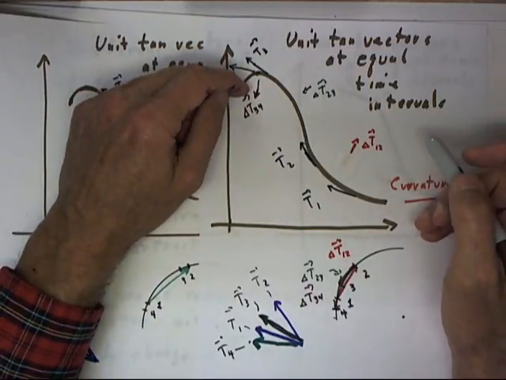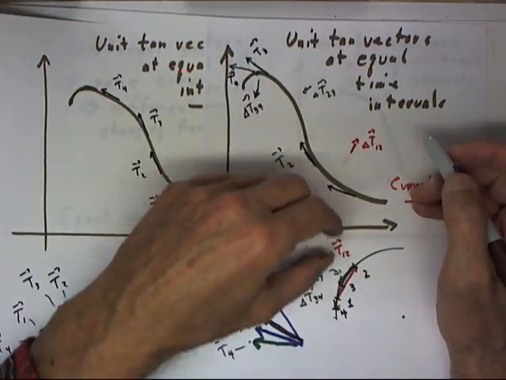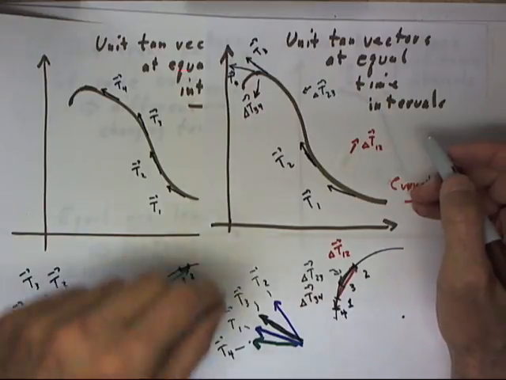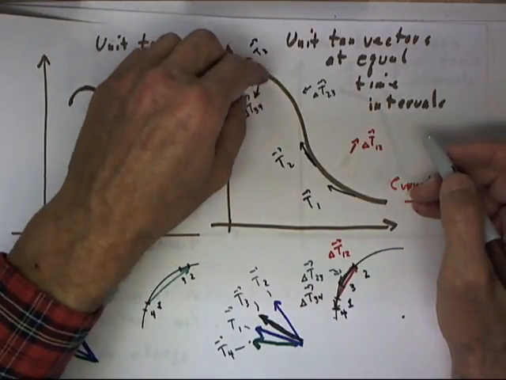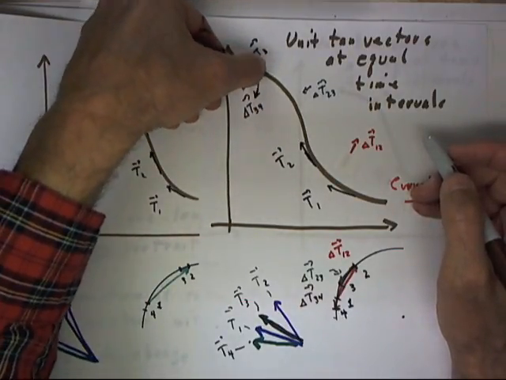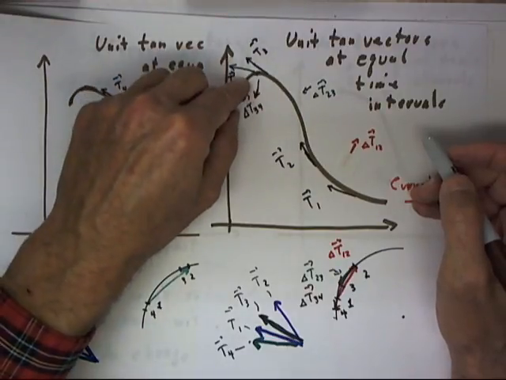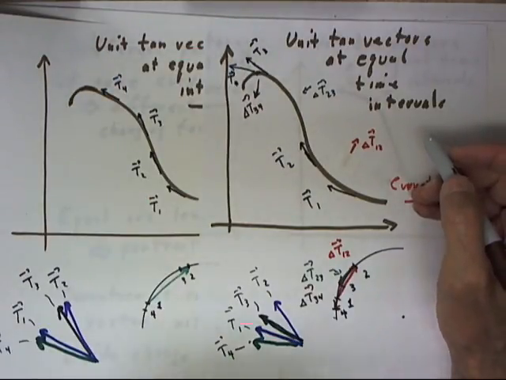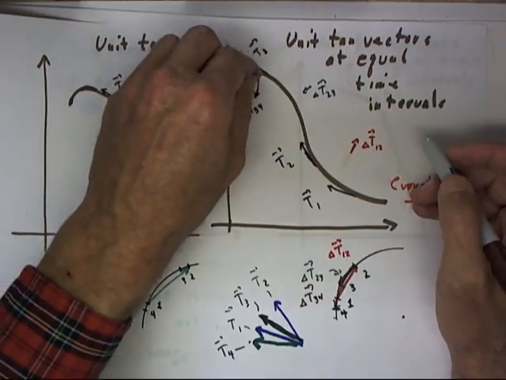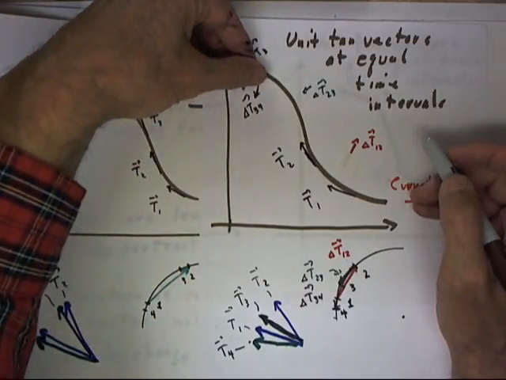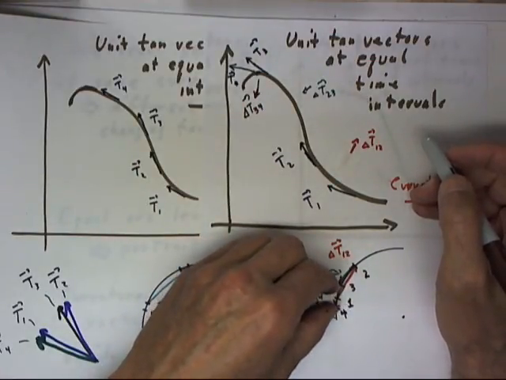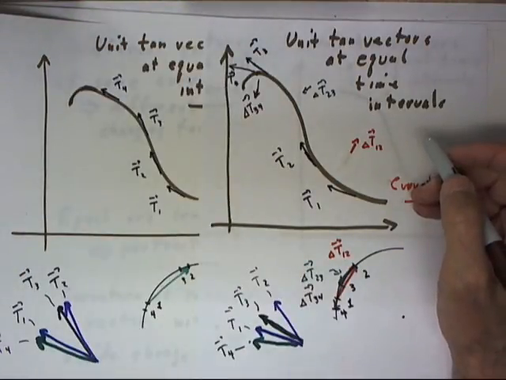This one is probably shorter than this one, but it occurred over a much shorter interval of our path. And that indicates that our path is curvier here because we got almost as big a delta T over a much shorter part of the path.